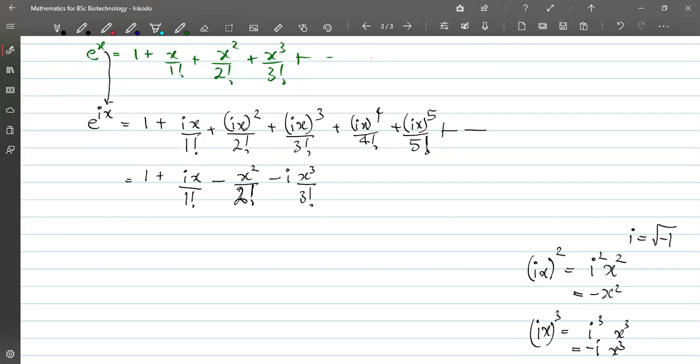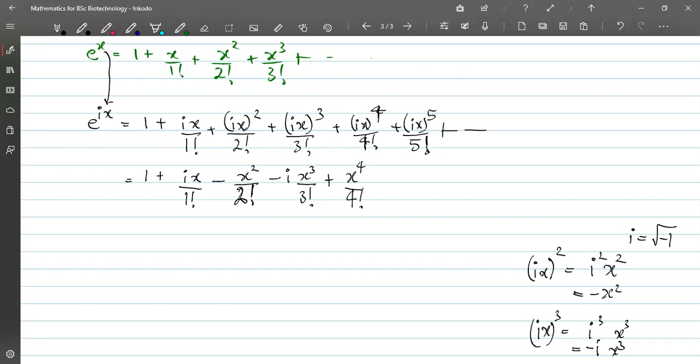Similarly, here you have ix to the 4 upon 4 factorial. i to the 4 is i square the whole square. i square is itself minus 1. Minus 1 the whole square is plus 1. So you'll get plus 1 here, and x to the 4 upon 4 factorial.